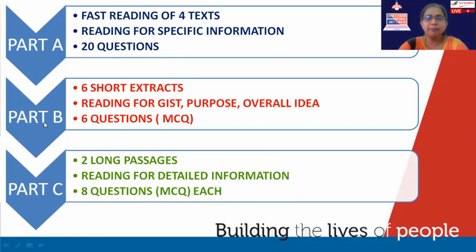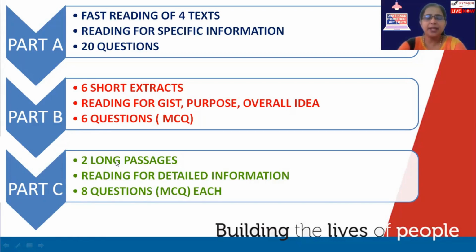Then coming to part B, here you will come across 6 short extracts which will assess your ability to find out the gist, purpose, or overall idea of the given text. With each extract, there will be 1 multiple choice question with 3 options.